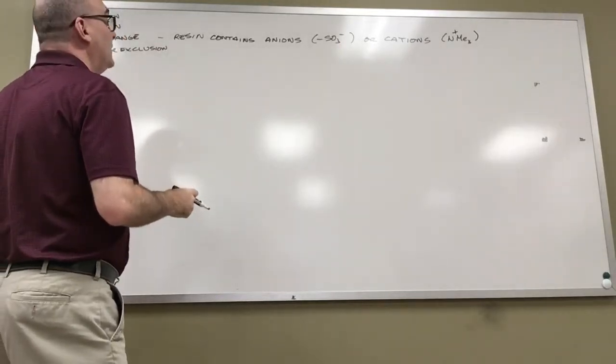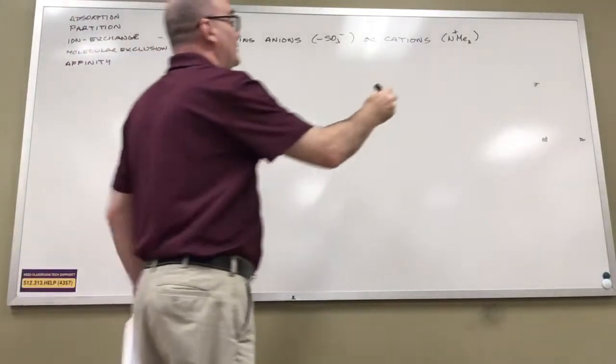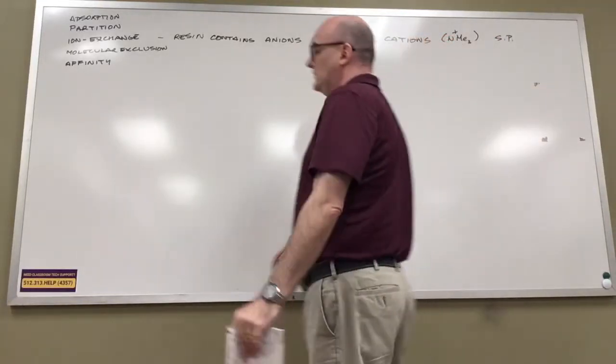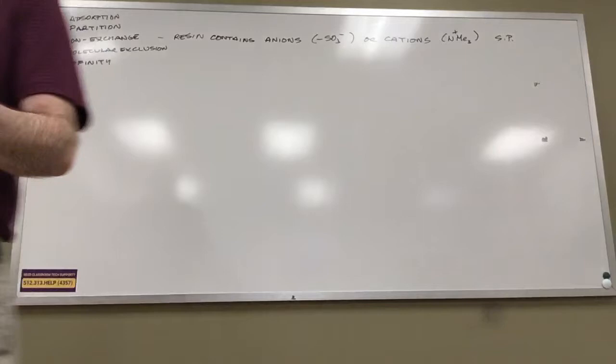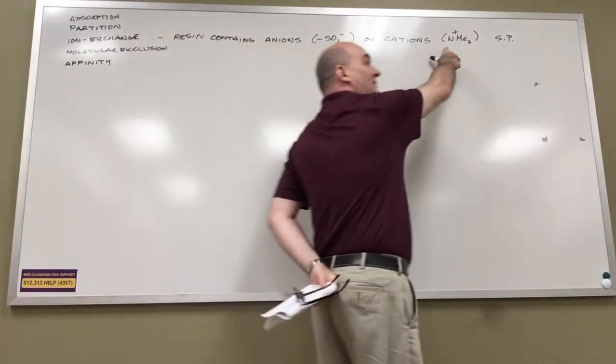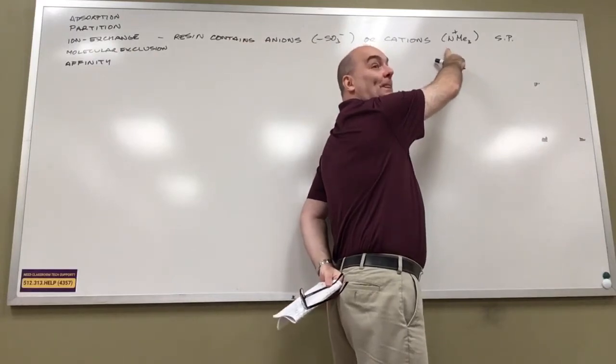And what they do is now, if your stationary phase, so the resin is the stationary phase. Now, if your mobile phase is negative, then it sticks to this stationary phase.